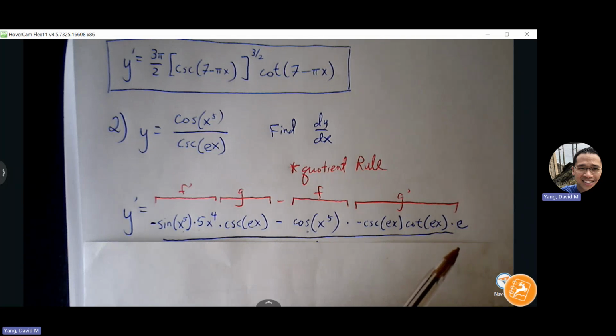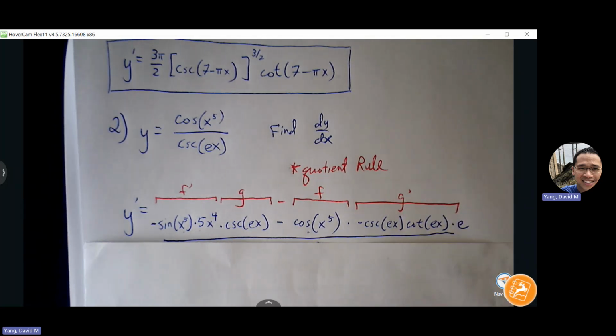Didn't you also do product rule? Yep, that's right. You could also bring that cosecant up as sine and go through product rule. It looks a lot different, but either would be acceptable.